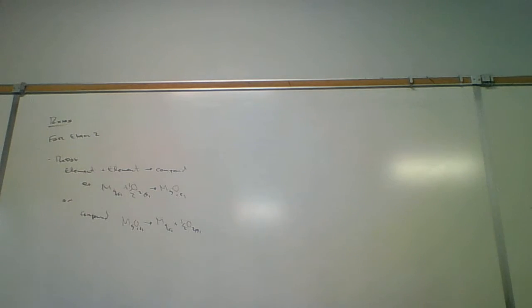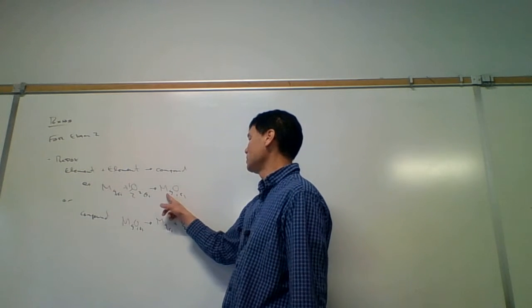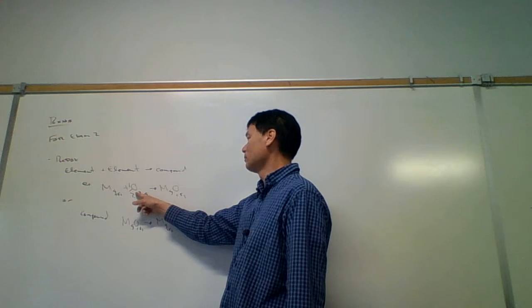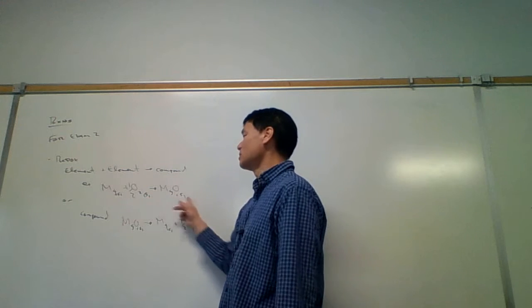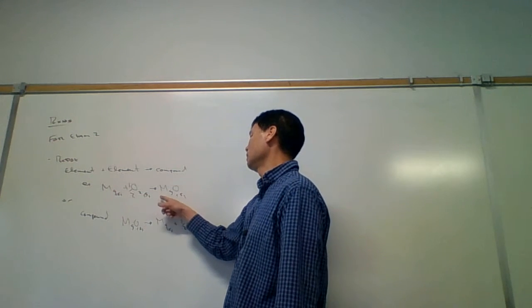Can you explain the 1/2 oxygen? Well, it's just for balancing. I have one magnesium, one magnesium. I have one oxygen here, I have two oxygens here. So I could take two oxygens and cut it by half to give me one oxygen, or I could double everything. I could just do two magnesiums, one oxygen, and two MgOs.